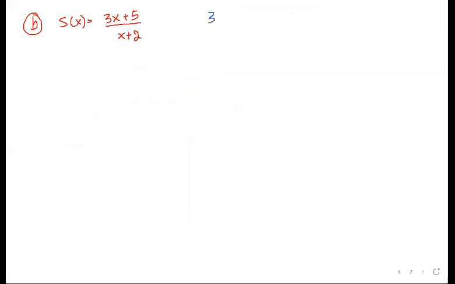We have to divide 3x plus 5 by x plus 2. By using the long division, here I have to put 3 times this one, I get 3x plus 2. I change the sign because here we have positive, they become negative.